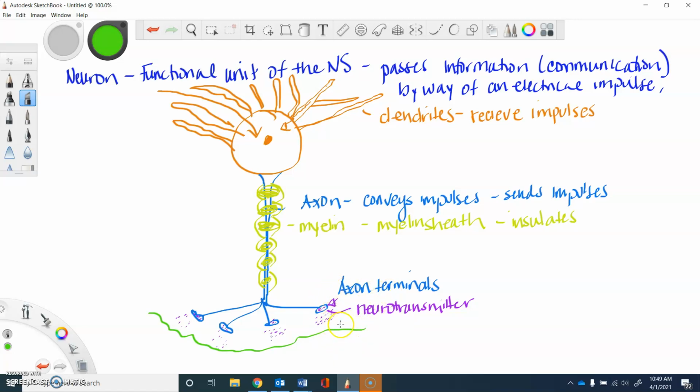Those axon terminals don't touch. So there will be a space there called the cleft. And that neurotransmitter has to diffuse across that cleft to the effector.